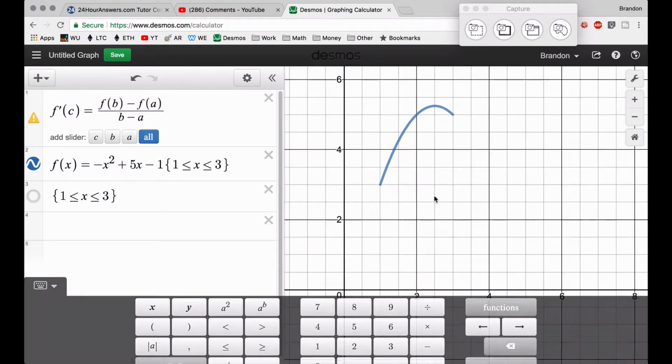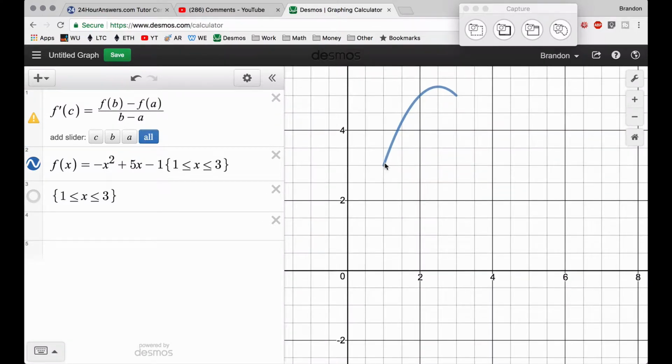There is some number between 1 and 3. This is x value of 1 right here, and this x value of 3 right here. There is some number x between 1 and 3 such that the derivative at that value is going to be equal to this slope right here. So visualize this slope here, and probably somewhere right around in here, I'm guessing, is where we're going to have that c value, somewhere pretty close to 2.